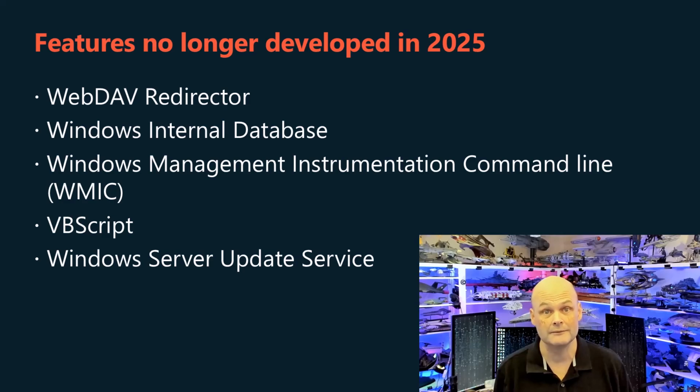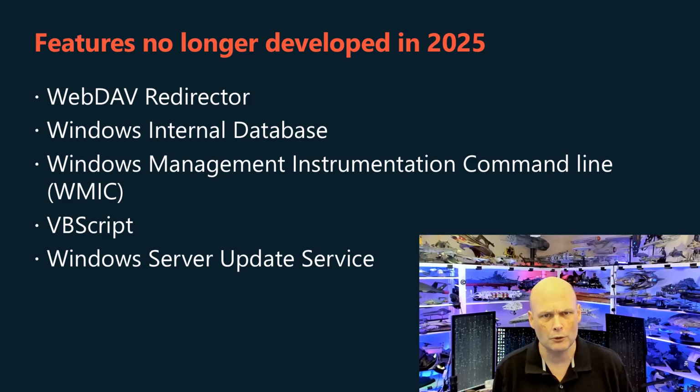Beginning with Windows Server 2025, Windows Management Instrumentation command line, WMIC, is available as a feature on demand. You can add it using the DISM add capability command. It will be removed from Windows in a future release.